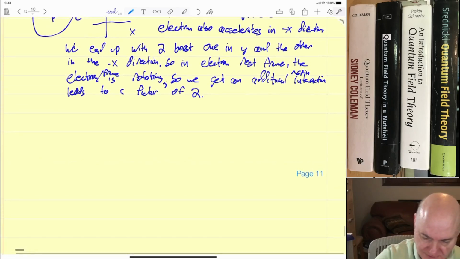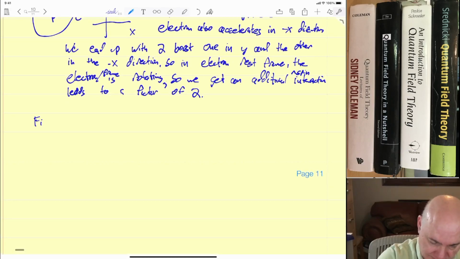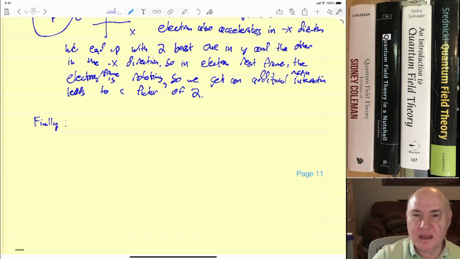Finally, I want to add one thing. I'm not going to show any calculations here, but you have to be very cautious in special relativity. You don't want to use the word see. See implies you're looking at it with your eyes. What you really want to use is the word observe, because an observation takes into account everything.